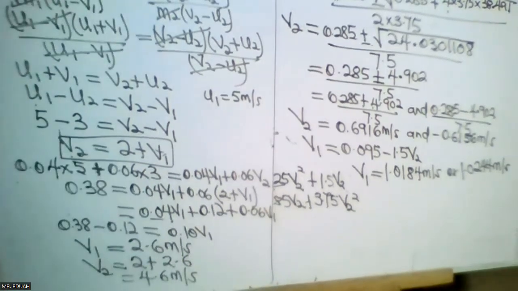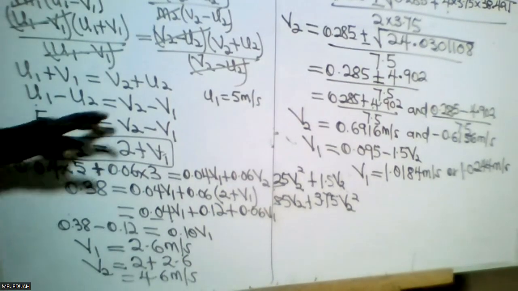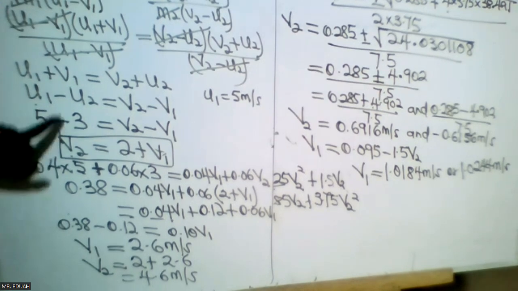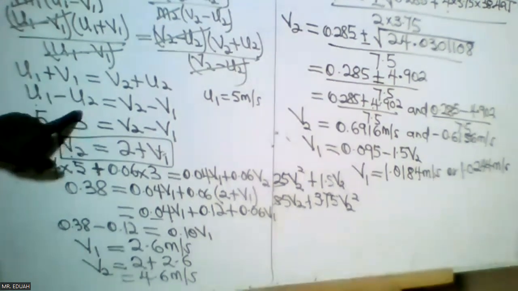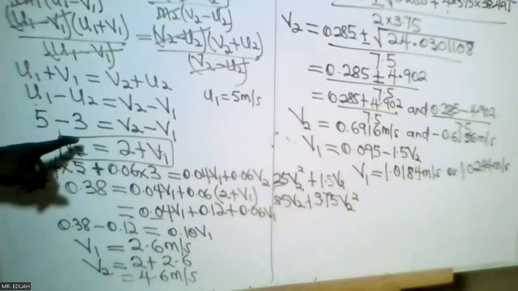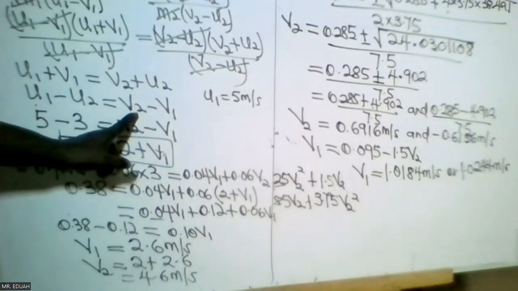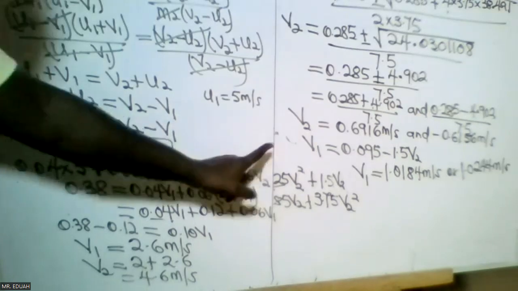When you use the coefficient of restitution method, U1 minus U2 is the relative velocity of approach, then V2 minus V1 is the relative velocity of separation.